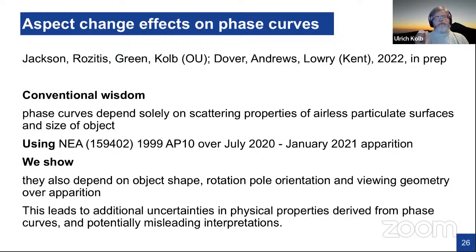And this effect can't be neglected. If it is, and everything is essentially averaged out, there is then an additional uncertainty in any physical properties that people would like to derive from the phase curve. And potentially, this could also lead to misleading interpretations. So that's, in a nutshell, the outcome of this. But I'll show you a few slides, how we got there and what it means.